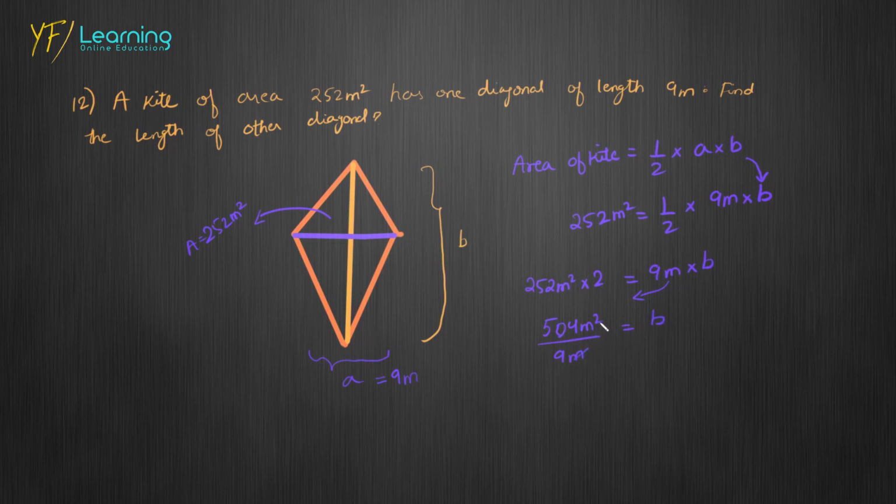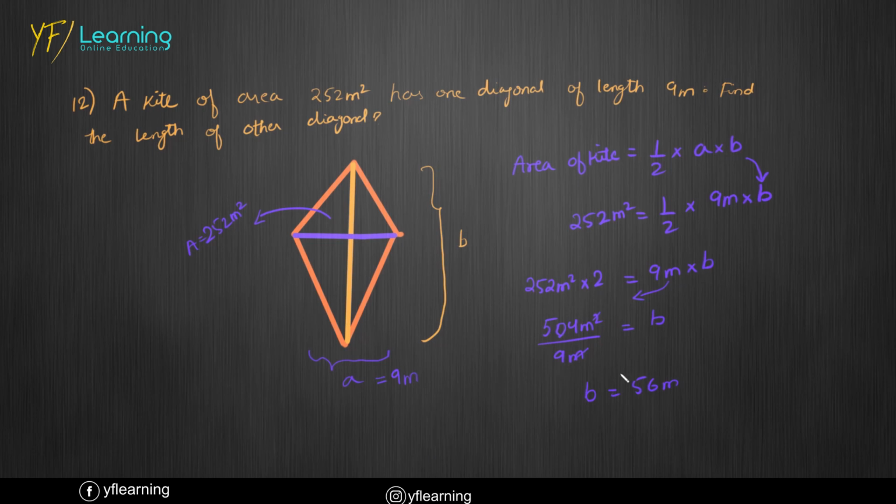So meter cancels with square of meter, and 504 divided by 9, B is equal to 56 meter. So the length of diagonal B is 56 meter.